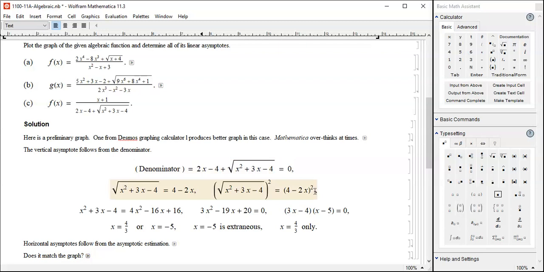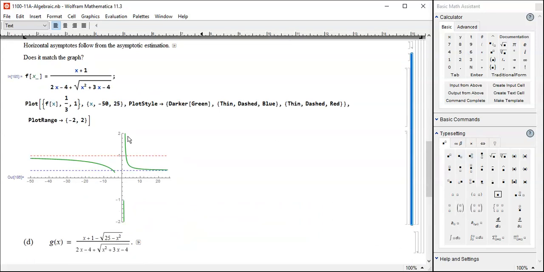We have a complete square, and we have a quadratic equation to solve. Sorry about the typo. So it'll turn out x equal to 5 is extraneous. We only have x equal to 4/3. And that is the vertical asymptote. Right here, x equal to 4/3. That's the vertical asymptote.